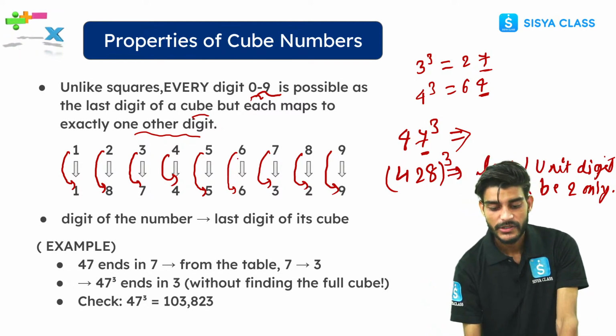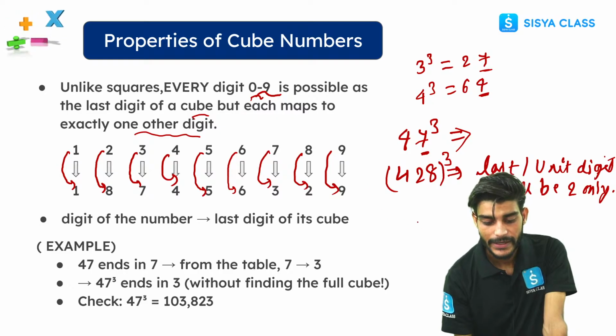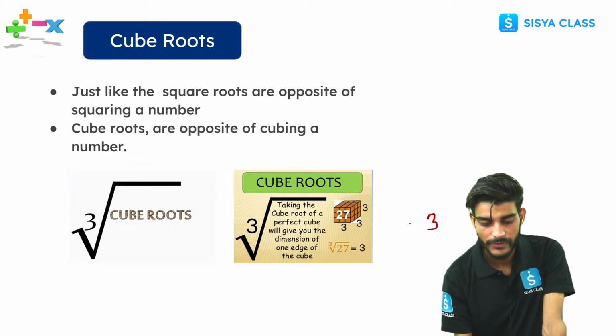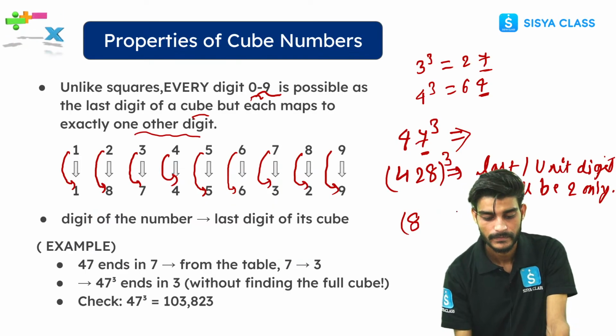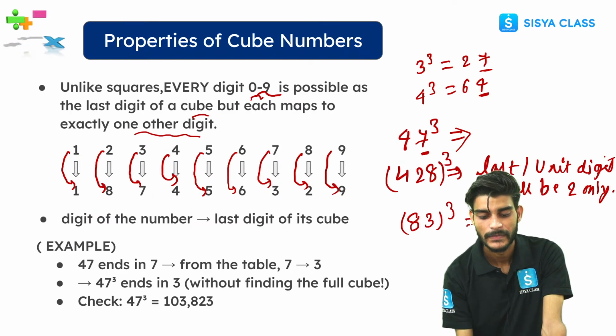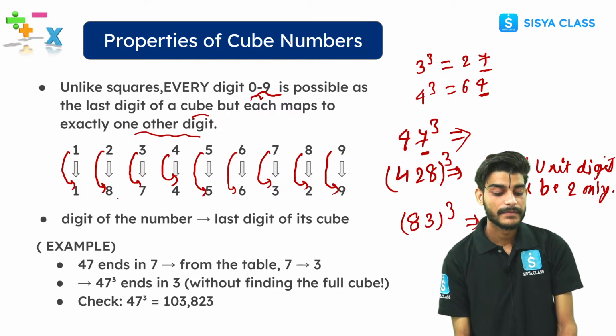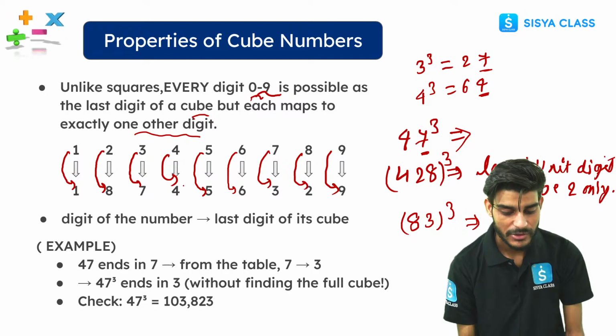Suppose you have to find the cube of 83. So write here 83 cube. Right? So what will be the units digit? Can you tell me? See where 3 maps. 3 maps to 7.